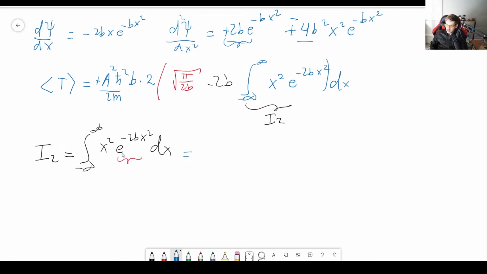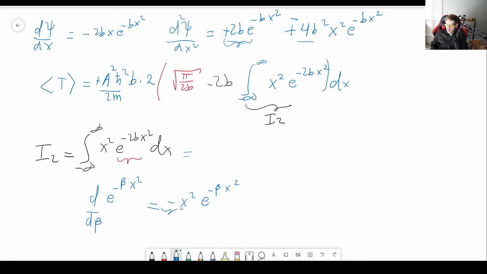Well, you have to see that this x squared is also up here. So if we had some e to the minus, let's call it beta x squared, and we were to take the derivative with respect to this parameter beta, then what do we get? We get minus x squared e to the minus beta x squared, which is kind of exactly what we have here, except for the minus sign.